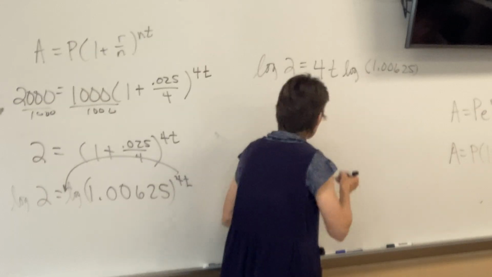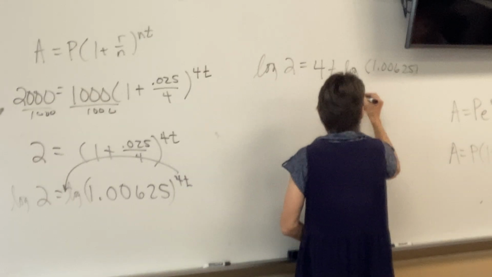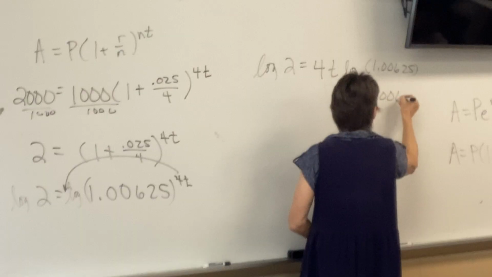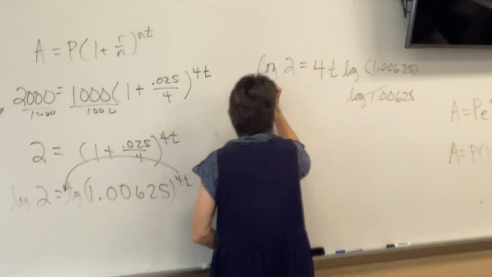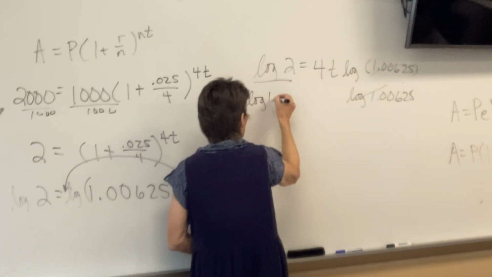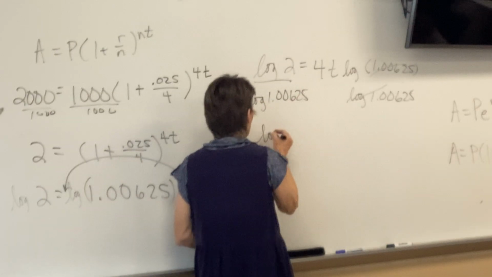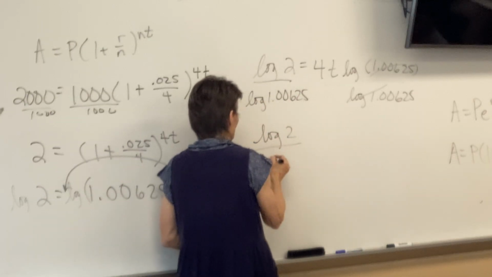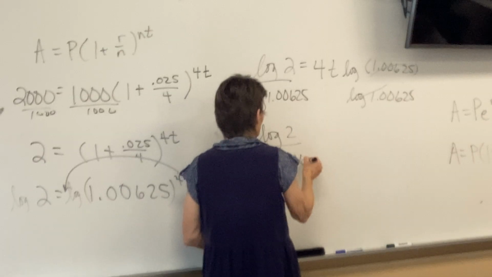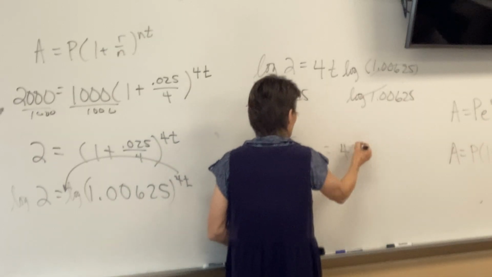Divide. Absolutely, I'm going to divide by it. So the log of 2 over the log of that decimal equals 4t.